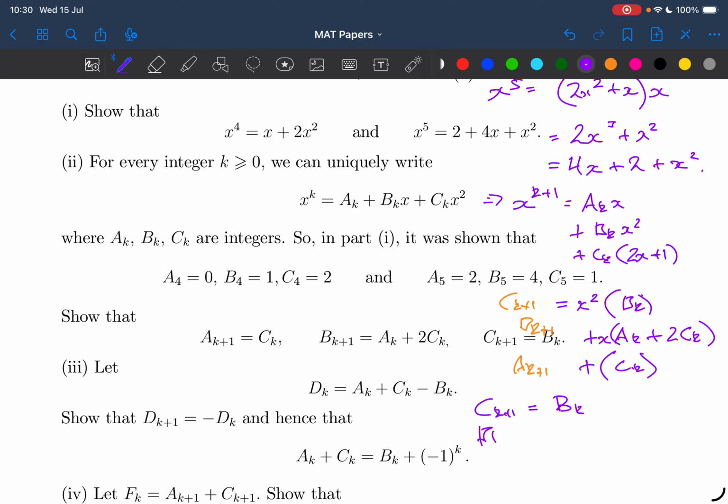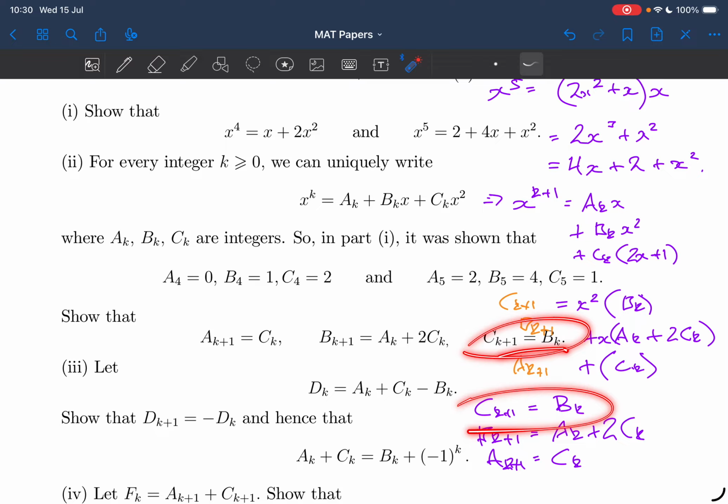We've shown that b_k plus 1 was a_k plus 2 c_k. And we've shown that a_k plus 1 was equal to c_k. Is that all good? Is that what we wanted? a_k plus 1 is c_k, b_k plus 1 is a_k plus 2c_k, and c_k plus 1 is b_k. Yep, that looks good to me.